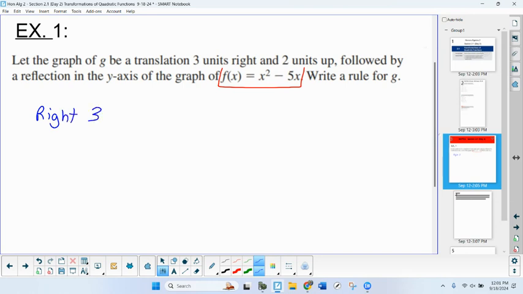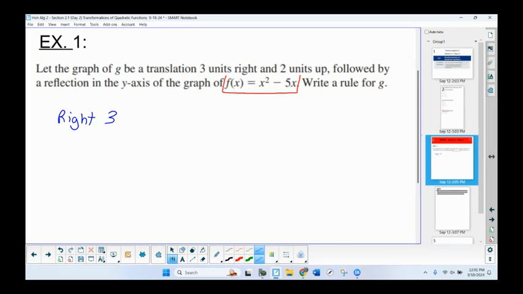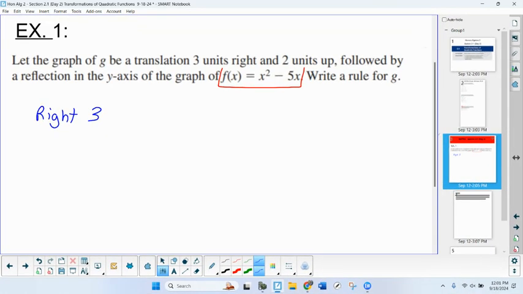3, okay? If I go to the right 3, Lucas, what do you do when you go right 3? Okay, well, it's right 3, isn't it? Or was it 2? Okay, right 3. So inside the parentheses, he said he's going to do x minus 3. So here's the difference.